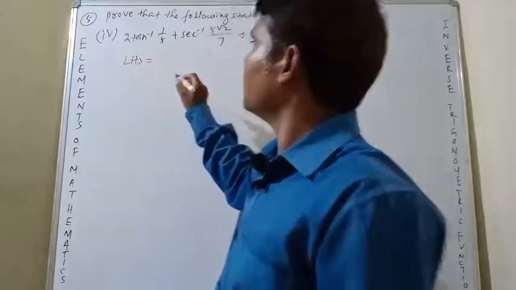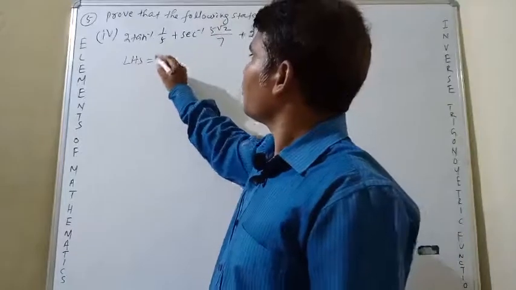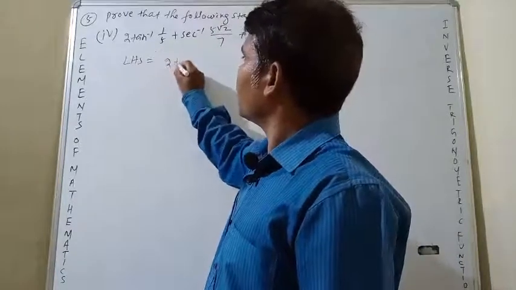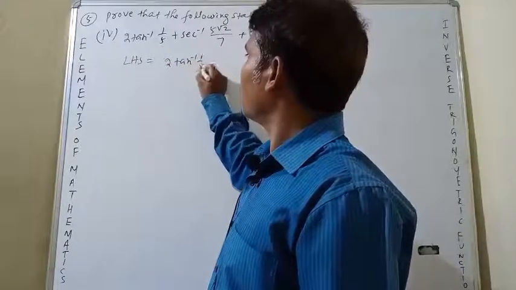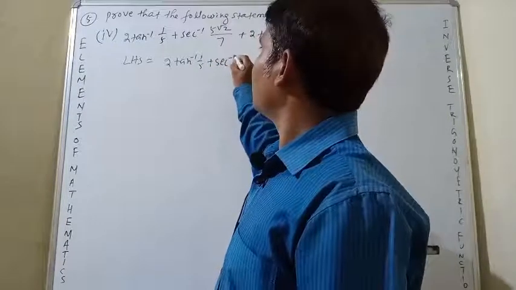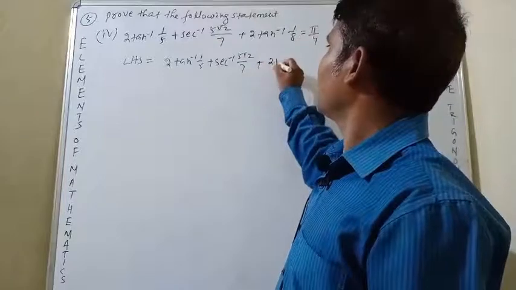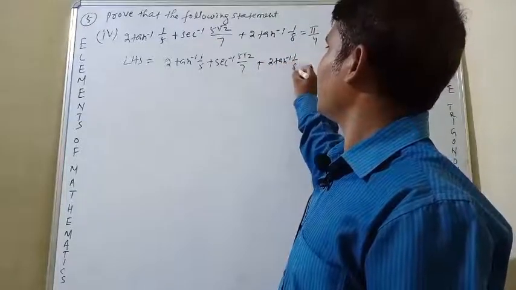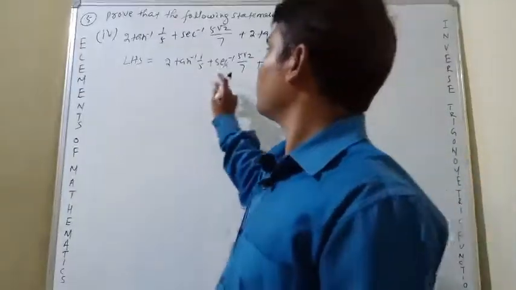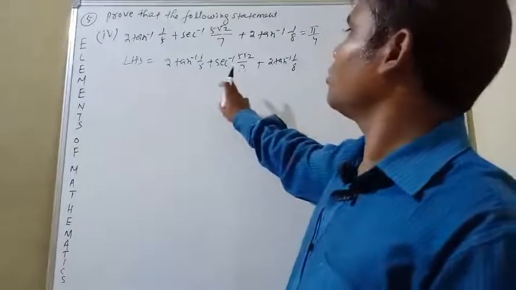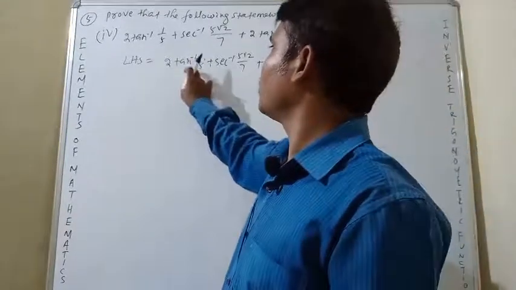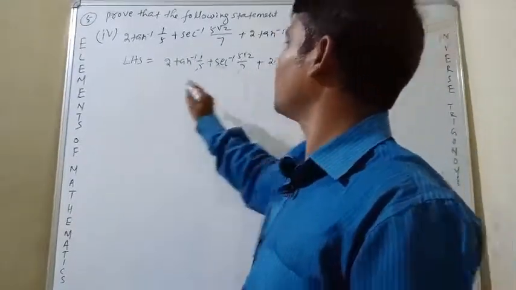LHS is equal to 2 tan inverse 1 by 5 plus sec inverse 5 root 2 by 7 plus 2 tan inverse 1 by 8. Okay, so everything we have to convert into tan inverse. This is 2 tan inverse 1 by 5, this is 2 tan inverse 1 by 8.